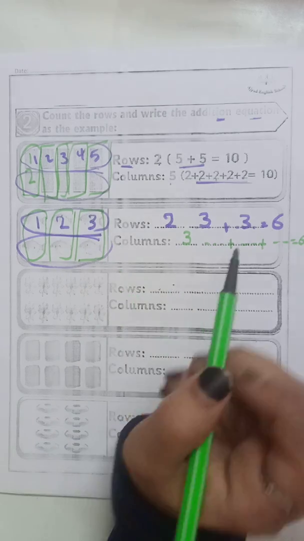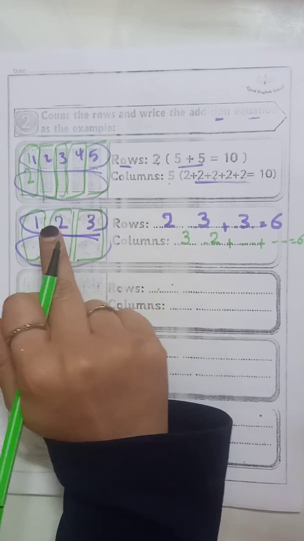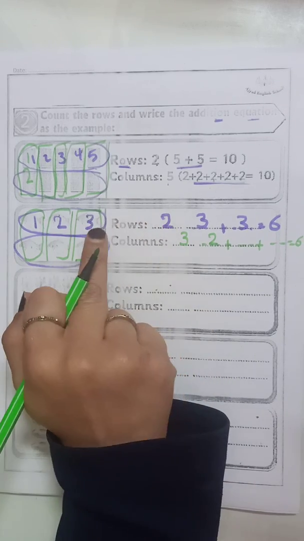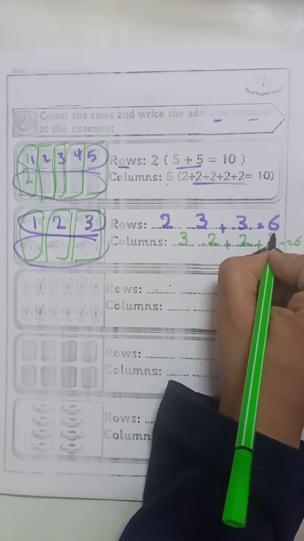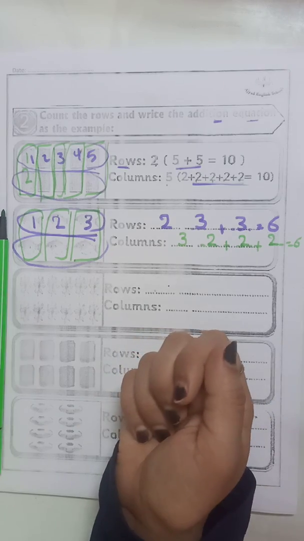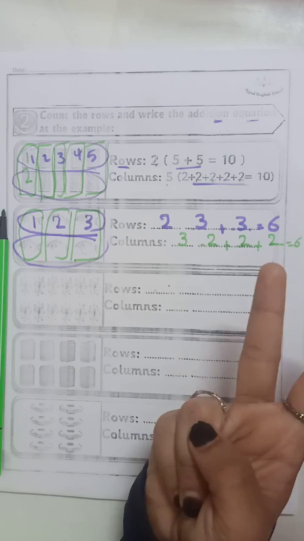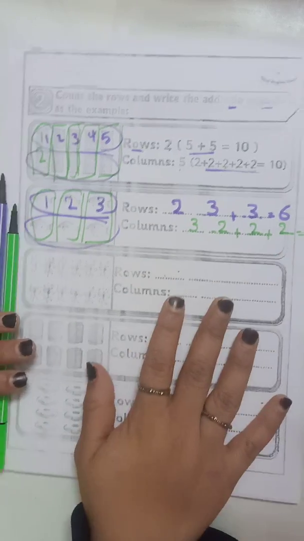And here 1, 2. So write 2 in the first column plus 2 in the second column plus 2 in the third column. 2 plus 2 plus 2 equals 6. 2 plus 2 from the double, 4. 4 plus 2, 4 in my mind and open 2 fingers. After 4, 5, 6. Okay, the next example.